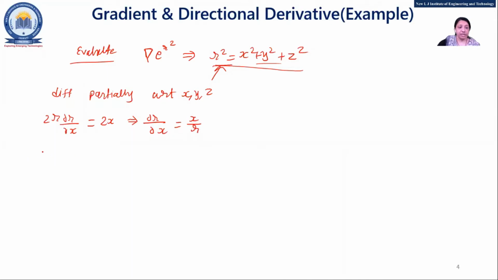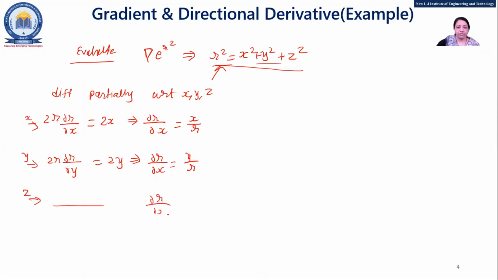Same way with respect to y: 2r ∂r/∂y = 2y, so ∂r/∂y = y/r. If we do it with z, the same thing, ∂r/∂z = z/r. Any doubt in this equation?